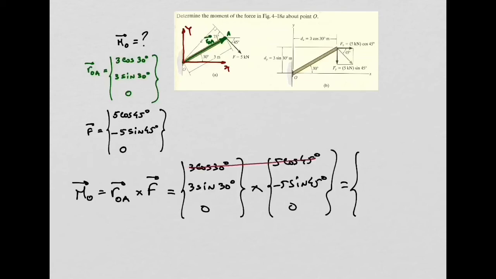For the x component, I will ignore the x there, and I need to do this cross product, which is going to be 0. Look, I'm multiplying 3 sine of 30 with 0, minus 0 times minus 5 sine 45, which is also 0, right? So the x component is going to be 0.